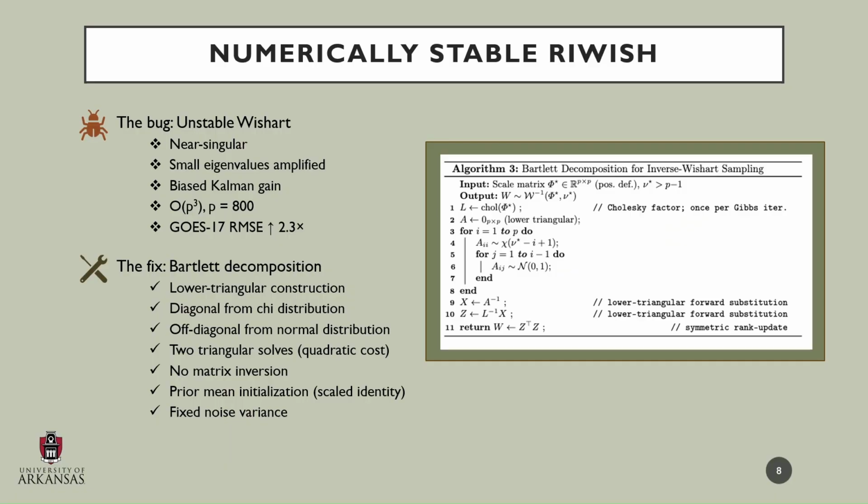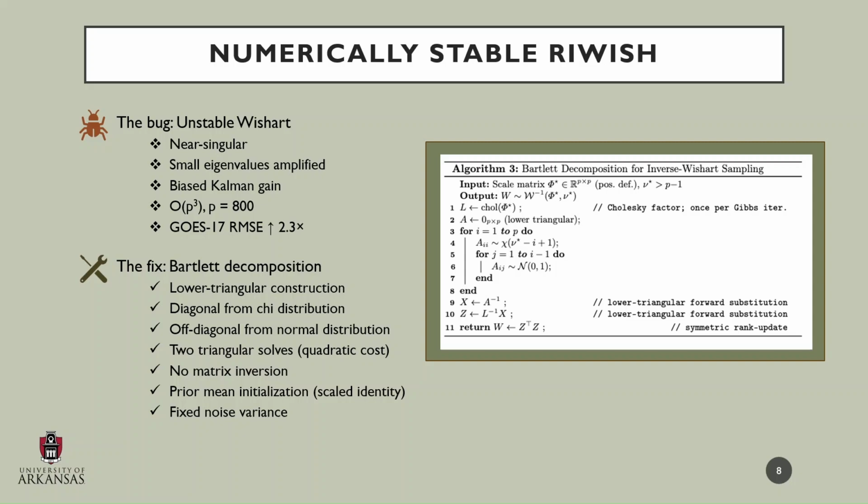I want to spend some time on a particularly interesting engineering challenge we encountered: numerically unstable inverse Wishart sampling. In the Gibbs sampler, we need to draw samples from an inverse Wishart distribution at each iteration to update the observation noise covariance.